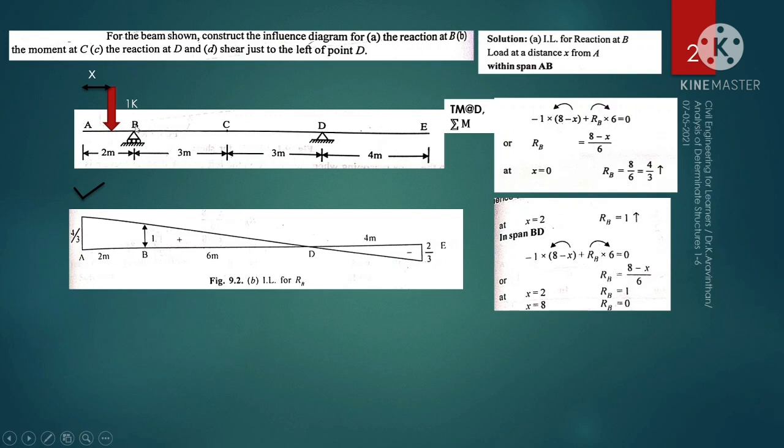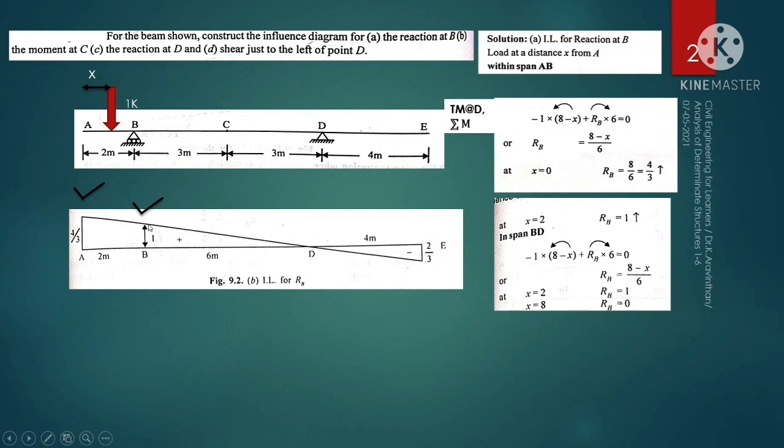If you want to know the influence line at point B, you have to substitute x equal to 2 meter. You have 0 as origin and this is 2 meter. At this point you have the support B. So I am substituting 2 in this equation. 8 minus 2 will be 6, 6 by 6 will be 1. So the reaction at B will be 1.